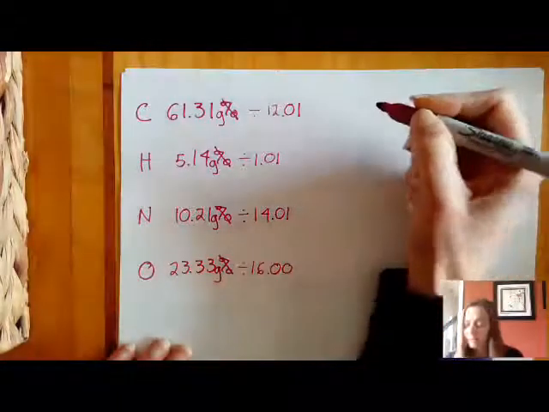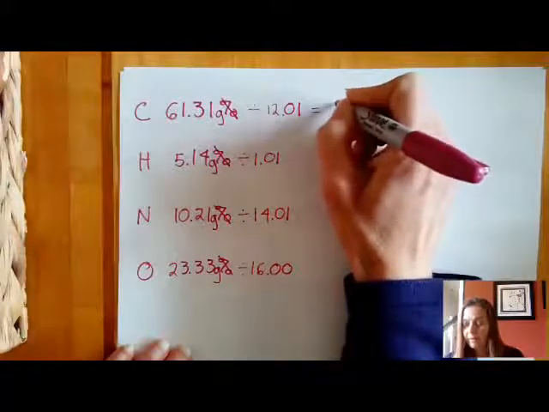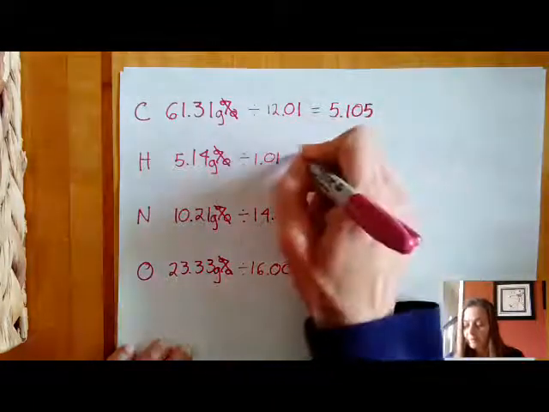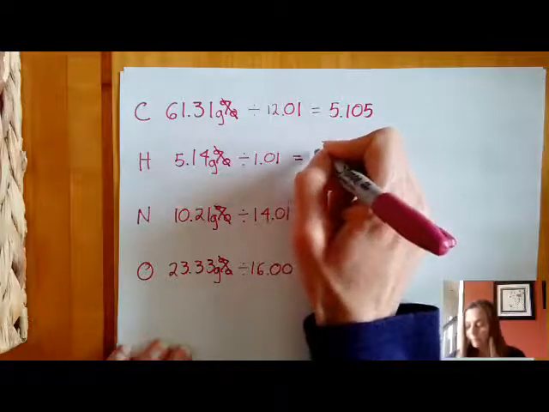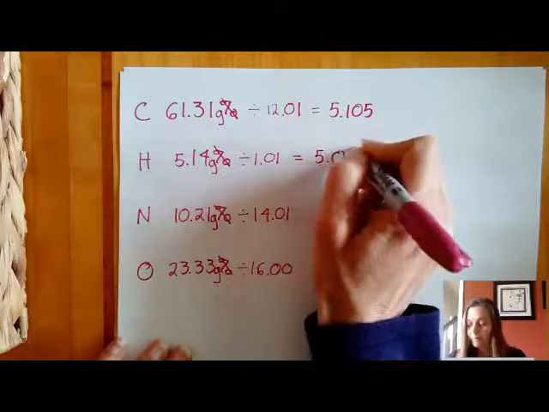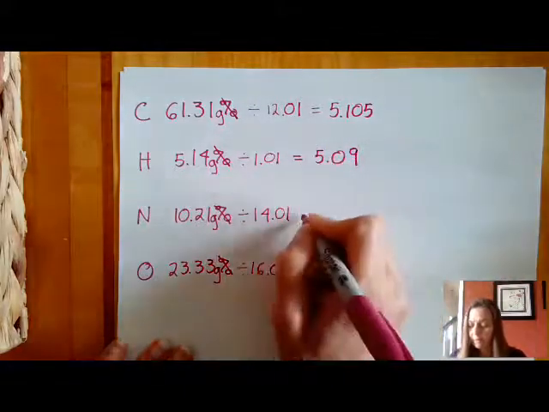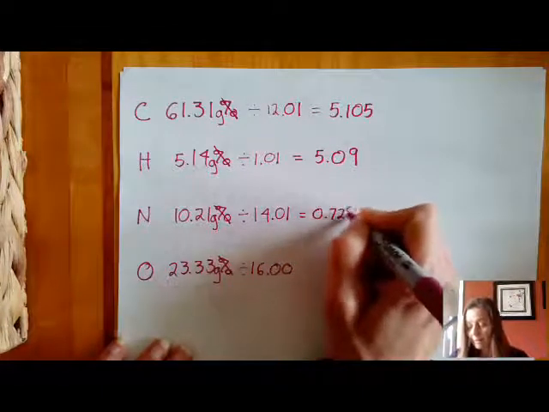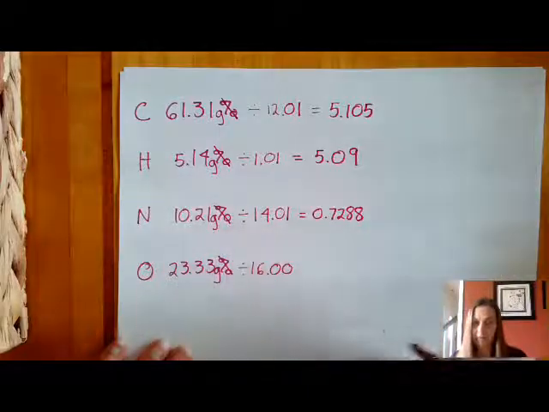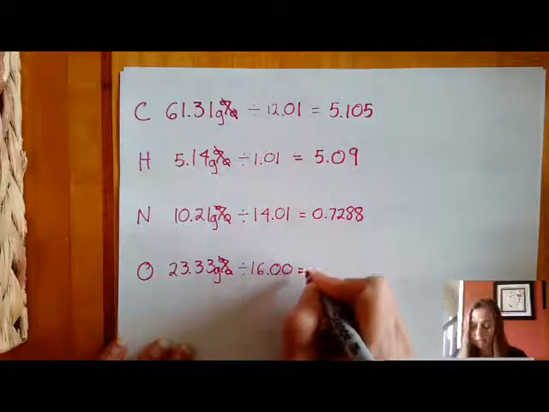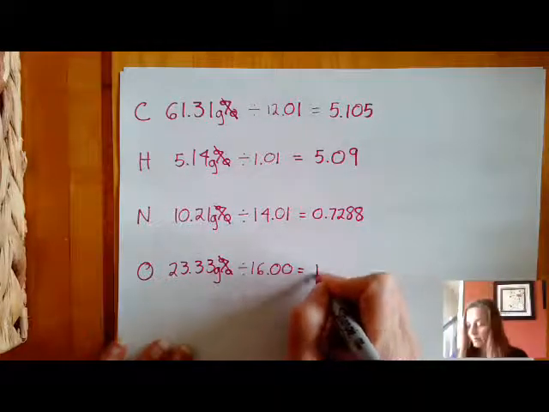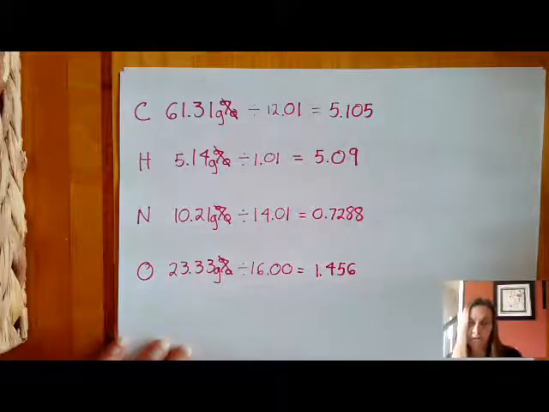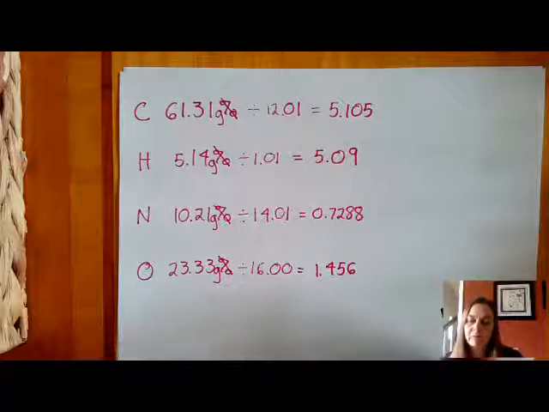When we do that, we get 5.105 moles of carbon, 5.09 moles of hydrogen, 0.7288 moles of nitrogen, and 1.456 moles of oxygen.